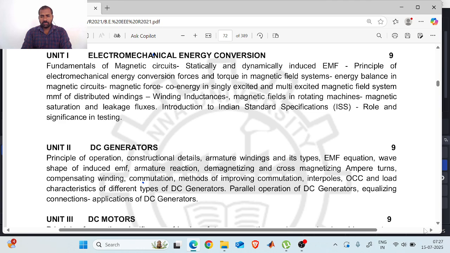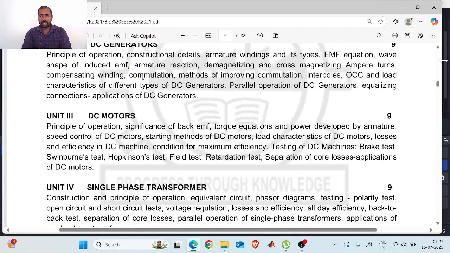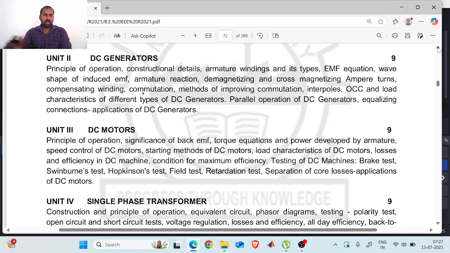Then if you come to the second unit, the unit heading is DC generator. Here in DC generator, you will study the constructional details and principle of operation, and the winding types. Armature winding and its different types we will see, and the EMF equations of the generator, and the wave shape of the induced EMF, and what armature reaction is, and what demagnetizing and cross-magnetizing ampere turns are.